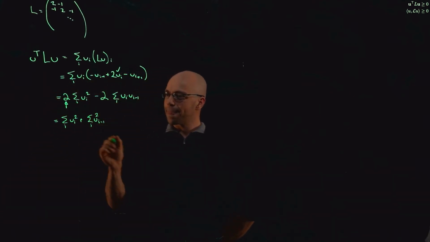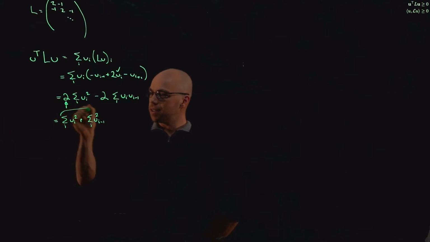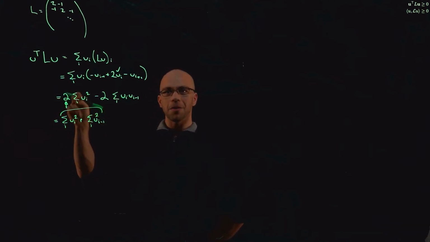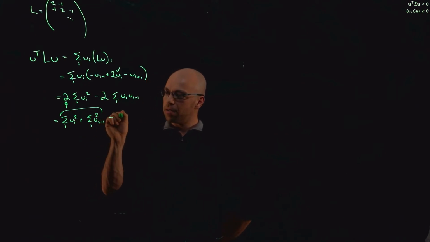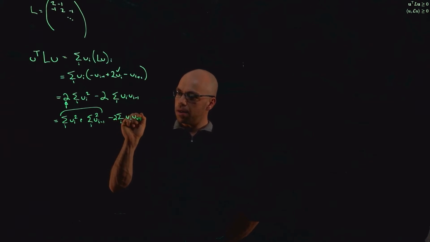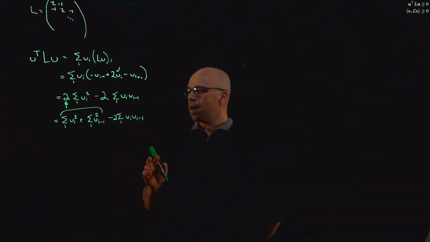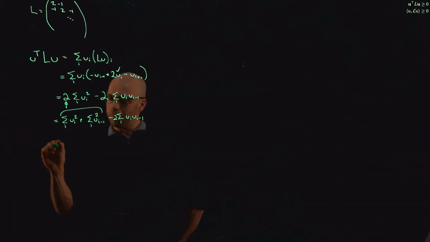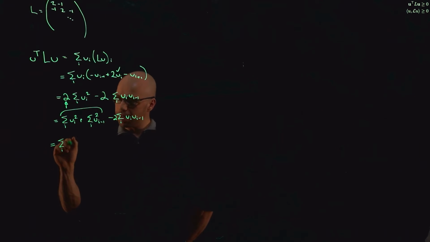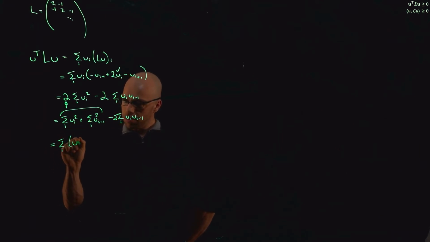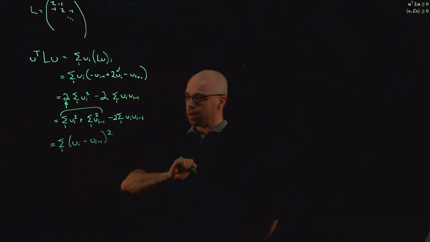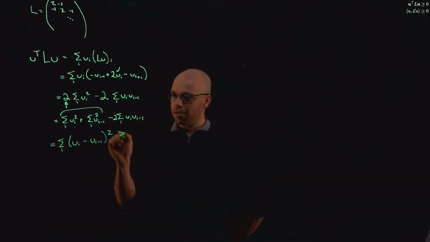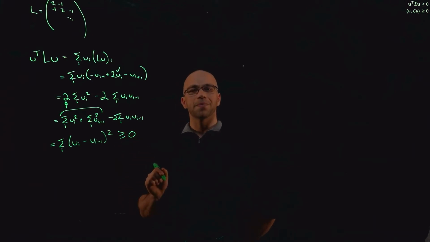Essentially, all I did was shift this sum by 1 index, which is perfectly fine. And then we have minus 2 times the sum over i of Ui times Ui minus 1. Well, why did I do that? If I bring together all of these sums, we notice that this is equal to the sum of Ui minus Ui minus 1, quantity squared, and this is greater than or equal to 0.